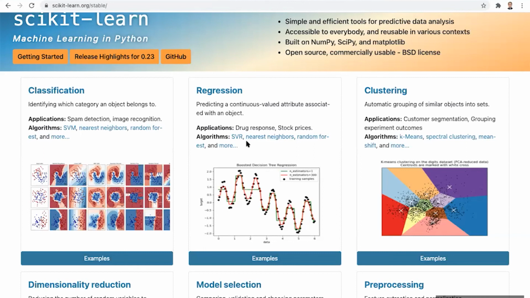So if you know some part of scikit-learn, you may think of that as just one layer in a TensorFlow network.